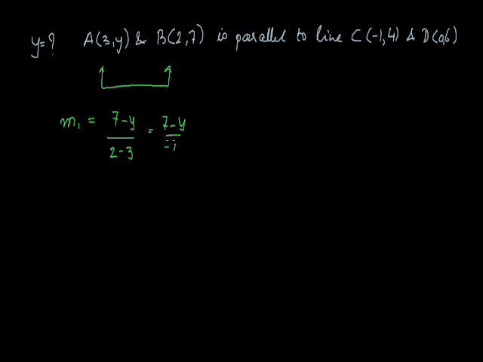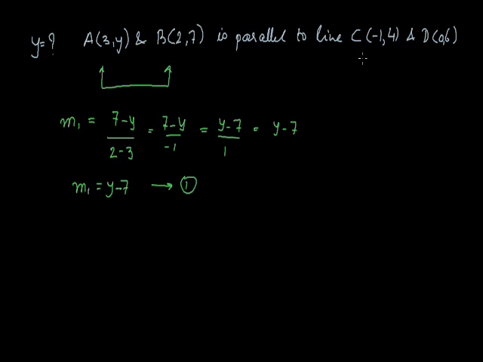So 7 minus y upon minus 1. Multiplying and dividing by minus 1 in both numerator and denominator will give me y minus 7 upon 1, that is equal to y minus 7. So the value of M1 is y minus 7. I'll name this equation number 1.